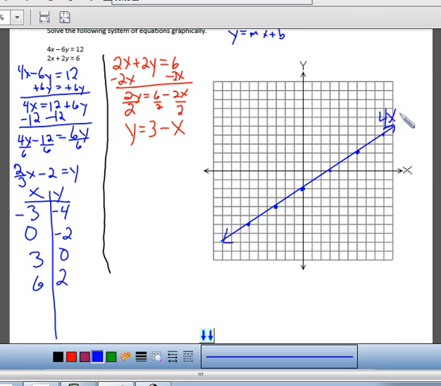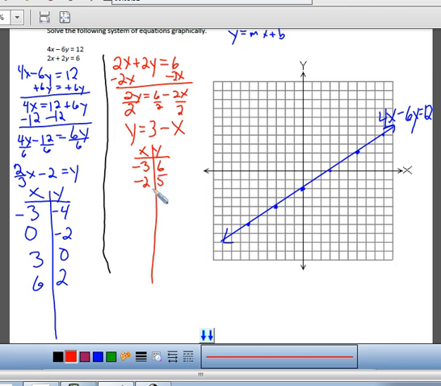So this is my 4x minus 6y equals 12. Remember, when you're solving linear systems, you can have one solution, you can have infinitely many solutions, or you can have no solutions.